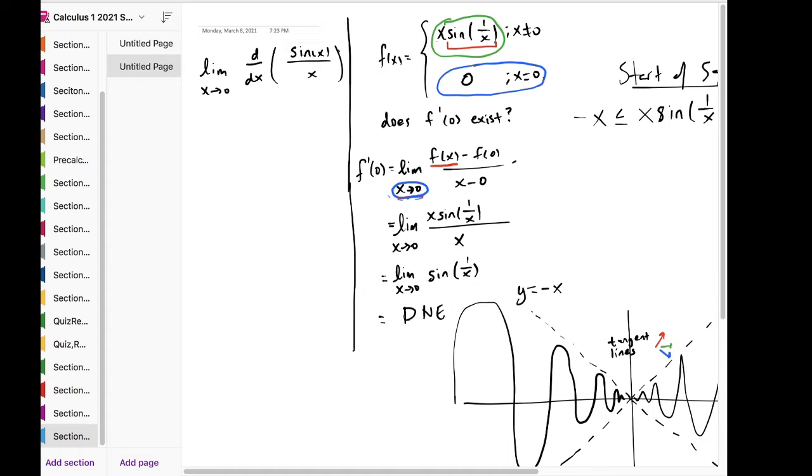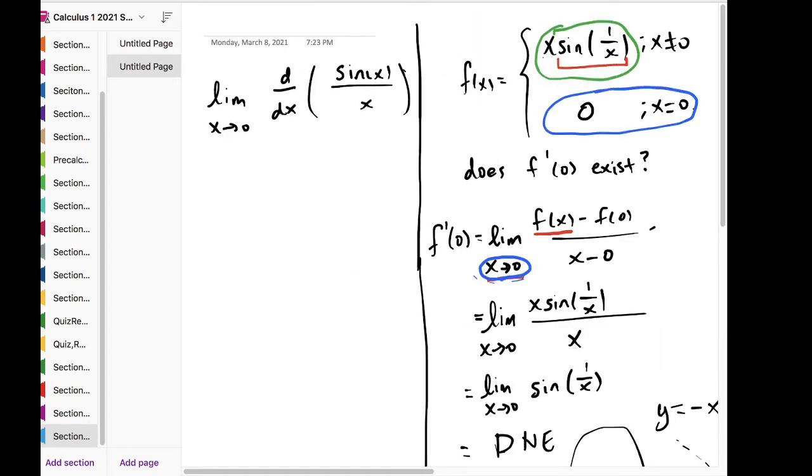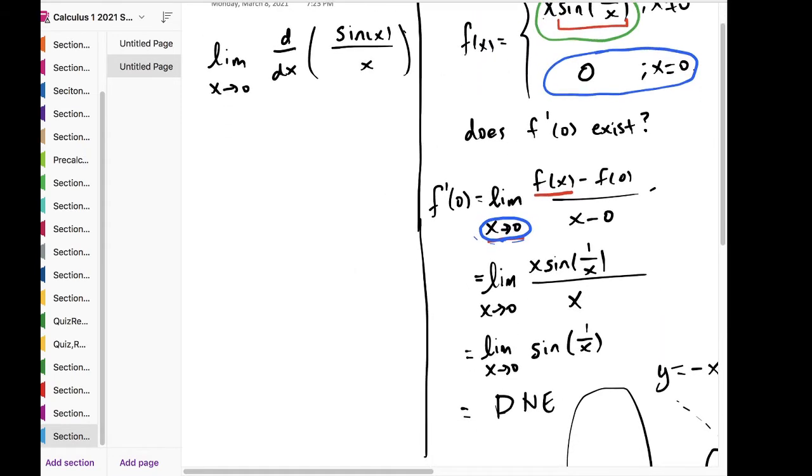Okay, how do you take the derivative of a quotient? So which do you take derivative first?